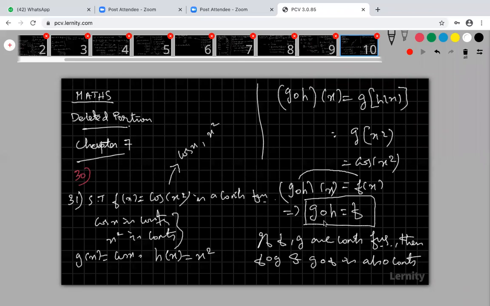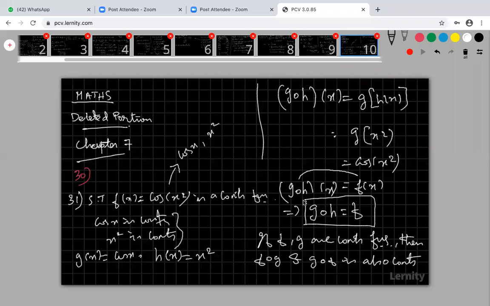Now look at this result. If f and g are continuous, that means two functions are continuous, then its composition is also continuous. So here, this is one continuous function, this is another continuous function, so the composition of these is continuous.